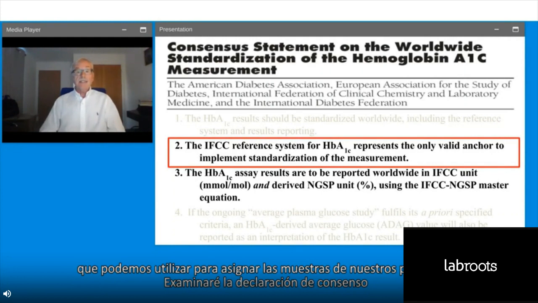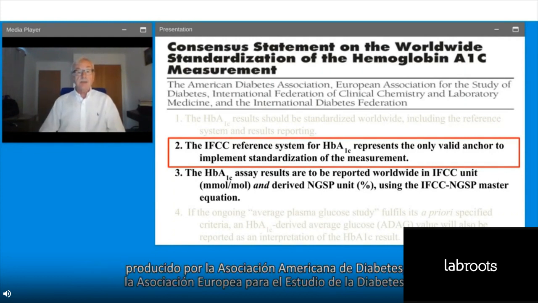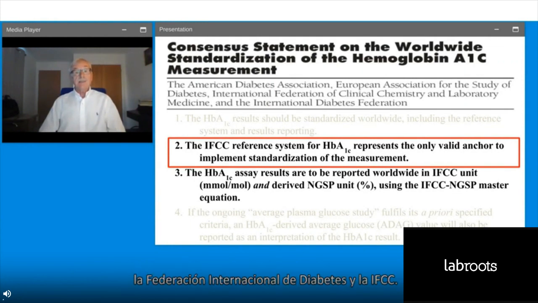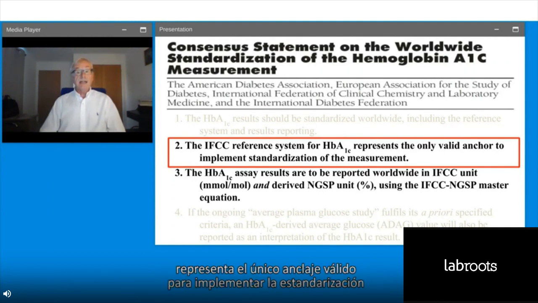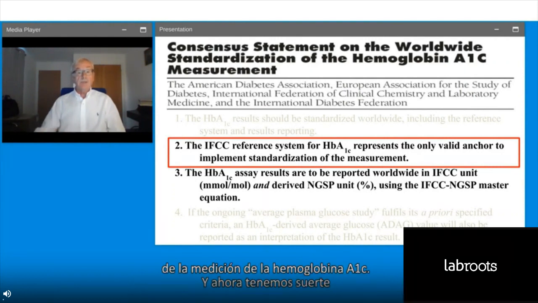And when we look at the consensus statement produced by the American Diabetes Association, the European Association for Study of Diabetes, the International Diabetes Federation, and the IFCC, it says that the IFCC reference system, which I've just described to you, represents the only valid anchor to implement standardization of the hemoglobin A1C measurement.